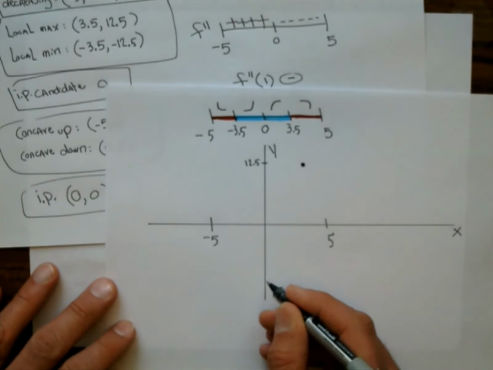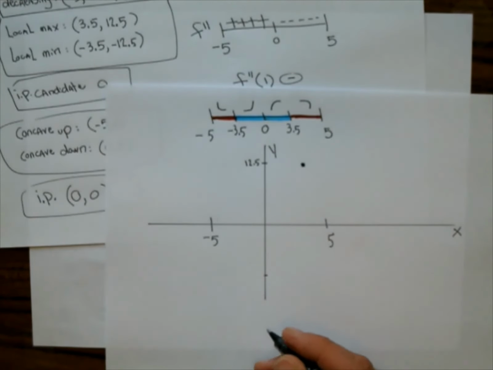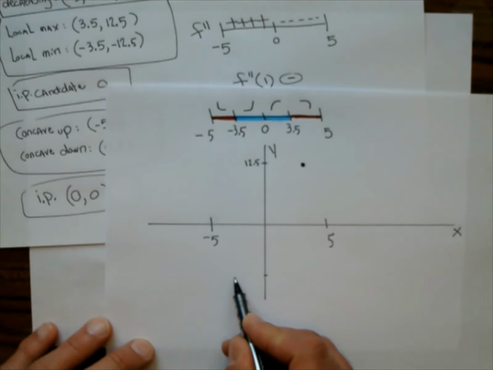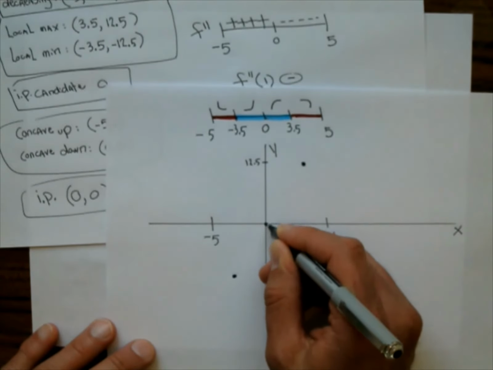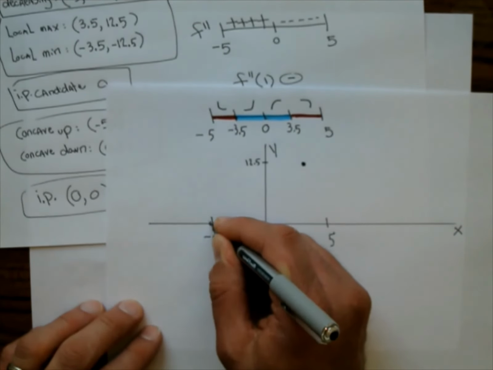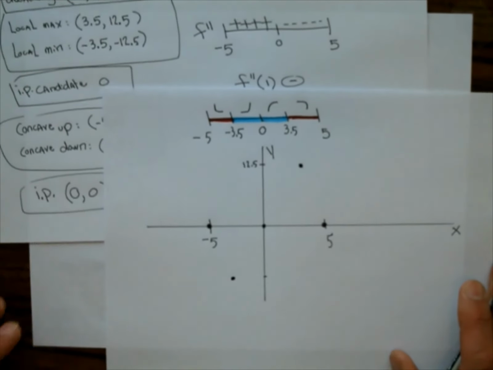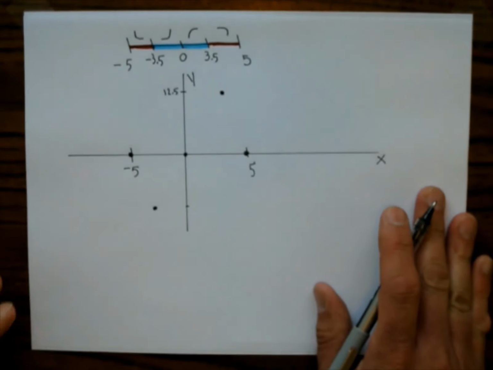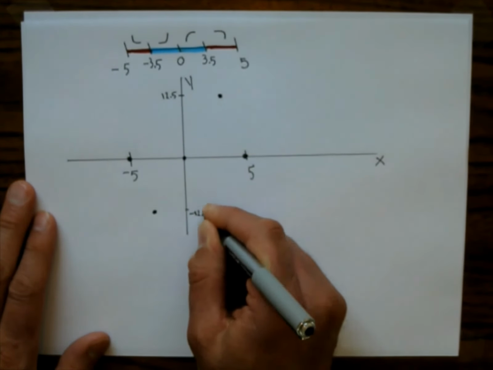And then I have another one down here. Negative 3.5, it's going to be negative 12.5. And so I have that right here. That's the local min. The inflection point is at (0, 0). My X-intercepts happen to be negative 5, 5, and 0. So this is negative 12.5.